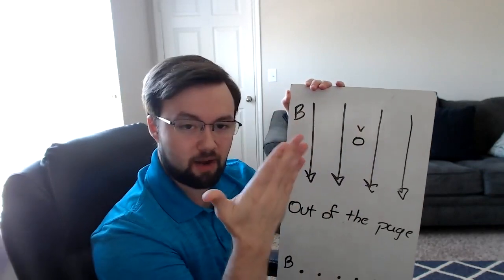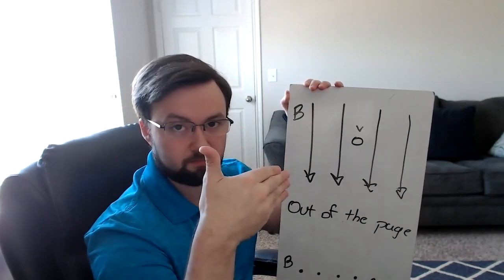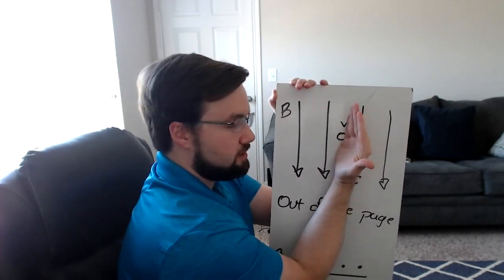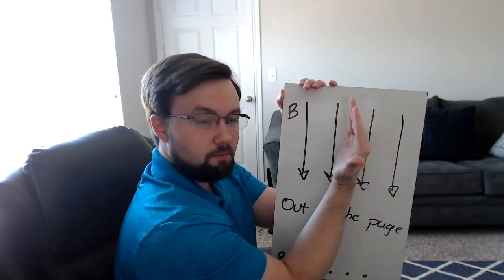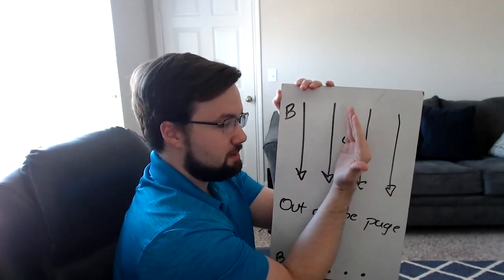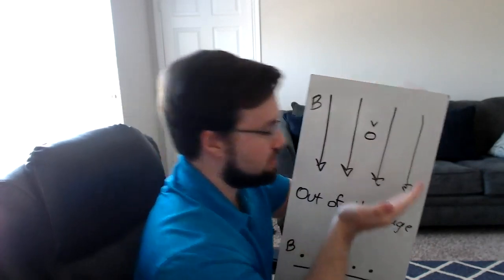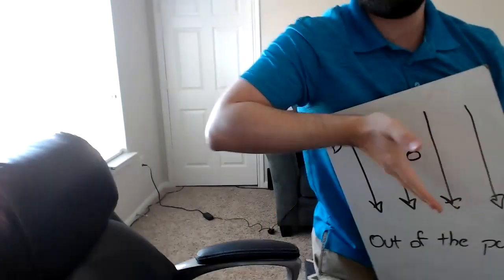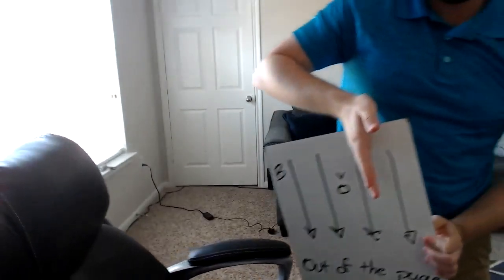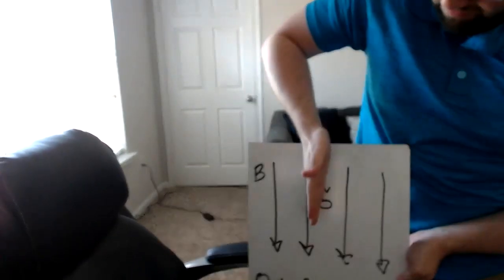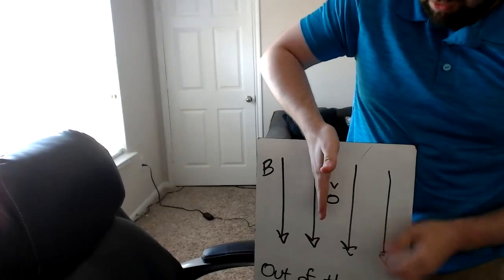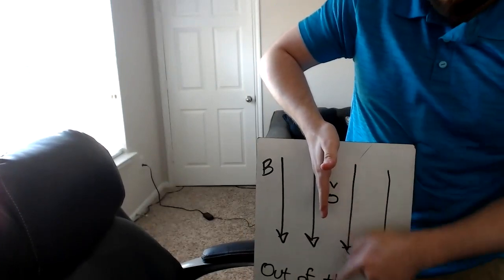Well, the part of my right hand that represents current is the thumb. So my thumb needs to point out of this page here. But my fingers need to be pointing downwards. So now I'm at yet another situation where I kind of have to turn myself around. So my thumb now points out of this page and my fingers point down.